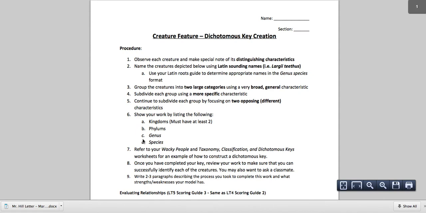Okay, so what your job is going to be is to become a taxonomist. You are going to be making some very specific observations of some very unique looking organisms, and you are going to have to identify some distinguishing characteristics. You're going to have to name these things using binomial nomenclature, the two-name naming system, using Latin sounding names. Okay, you're going to have to come up with kingdoms, phylums, genuses, and species for these different organisms.